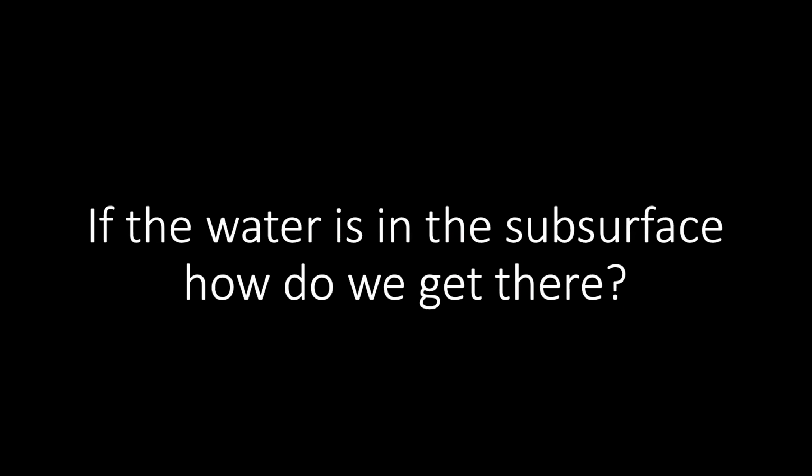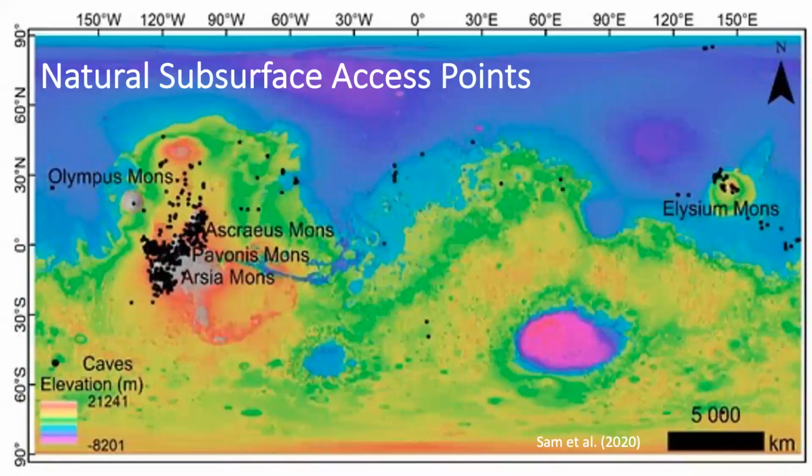So if the majority of Mars's water is now in the subsurface, outside of the poles at least, how do we get there? The answer is that there are a couple of options. You can drill, which has its own set of challenges, which we've seen the Phillips-Lander face.